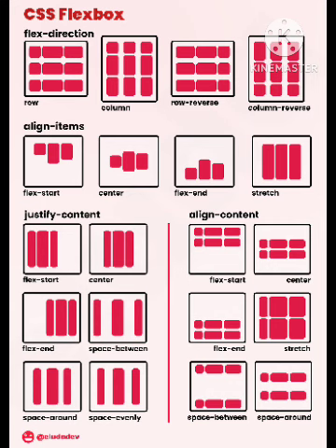Flex start is the default. For example, if there are 3 divs A, B, C and you have declared align items flex start, what will happen? All of 1, 2, 3 will be in the first row.